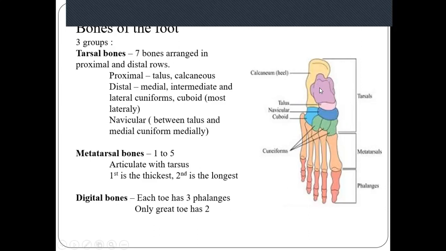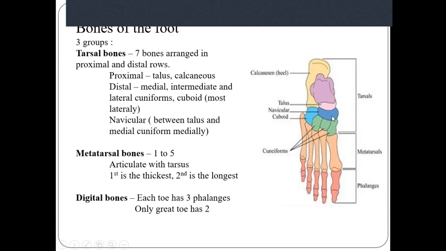So in the proximal row, we can see the talus and the calcaneus. In the distal row, there are medial, intermediate and lateral cuneiforms with the cuboid. Cuboid is the most laterally placed bone.